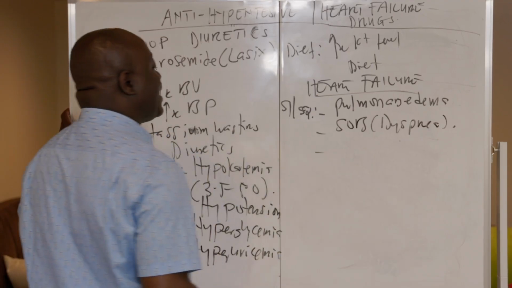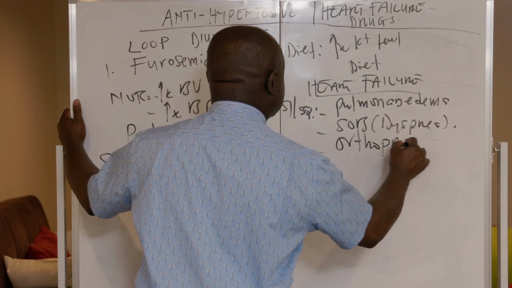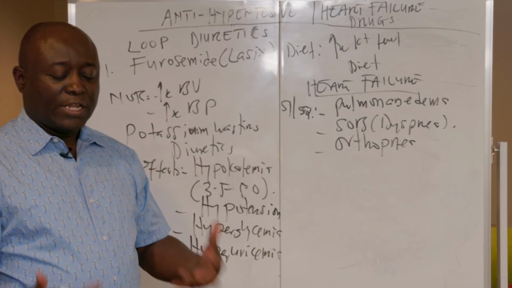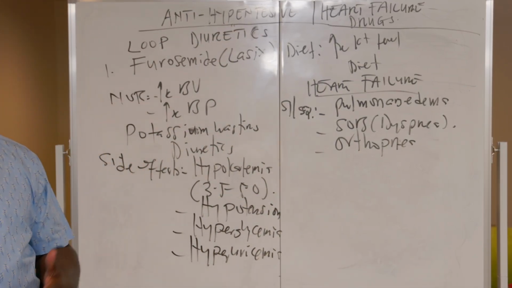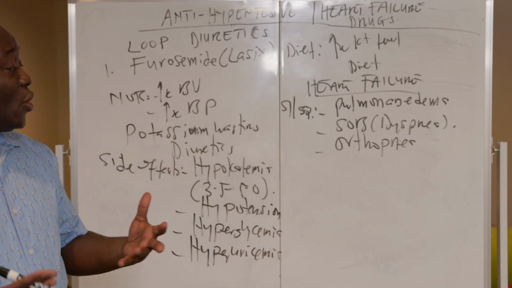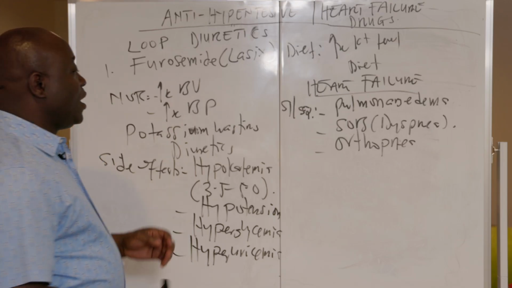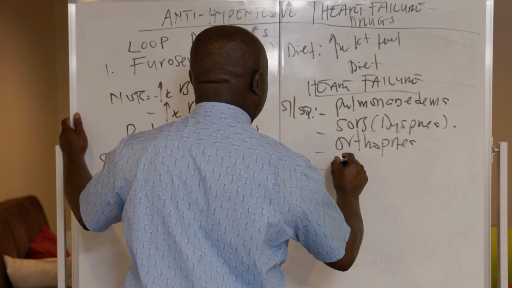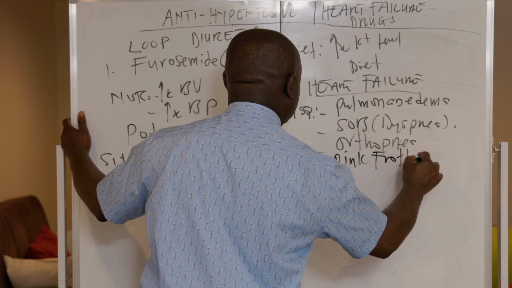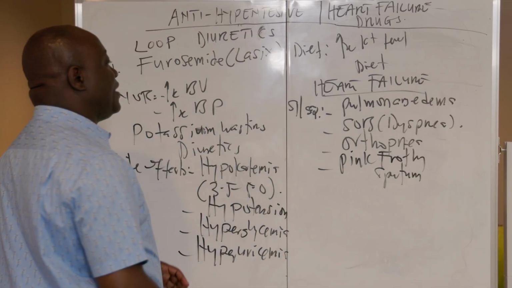Also, left-sided heart failure causes what is called orthopnea. Orthopnea is having difficulty lying down flat. Because of the fluid in the lungs, anytime the client lies down with their head flat on the bed, they experience shortness of breath, and therefore the client has to use several pillows, or they have to elevate the head of the bed before they can sleep. And also they can develop what is called pink frothy sputum. So these are signs and symptoms of left-sided heart failure.